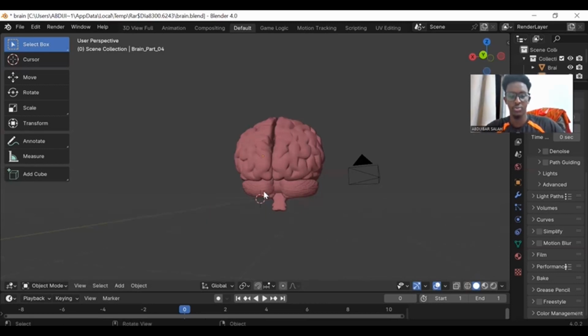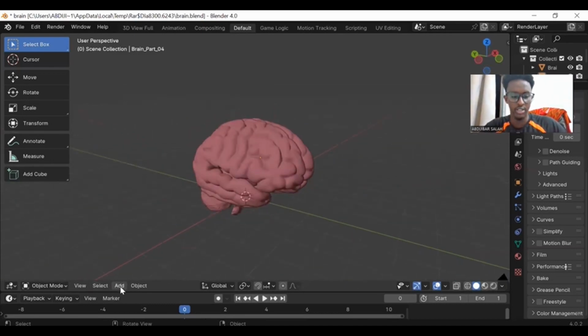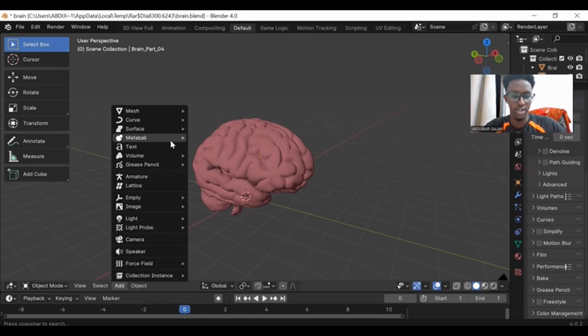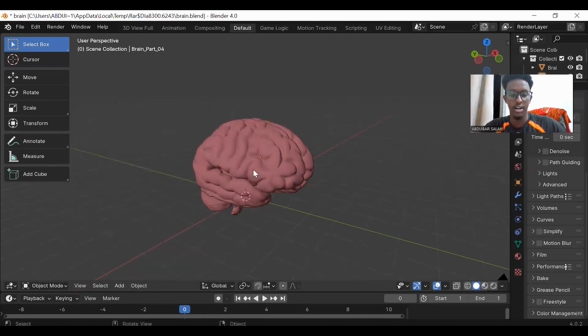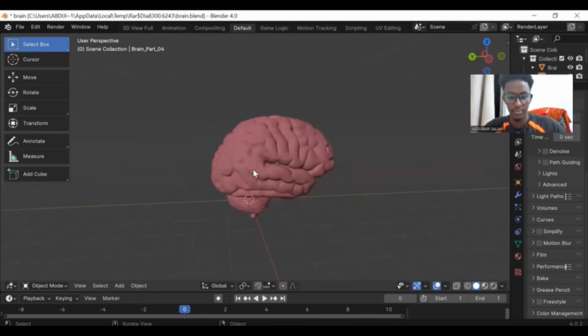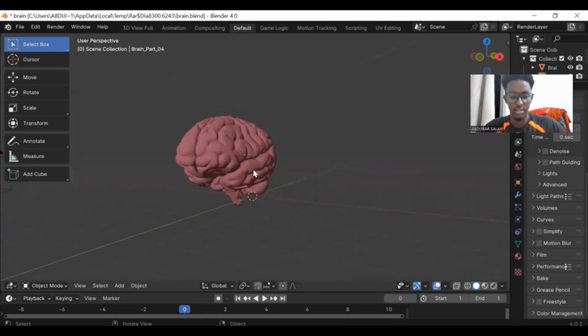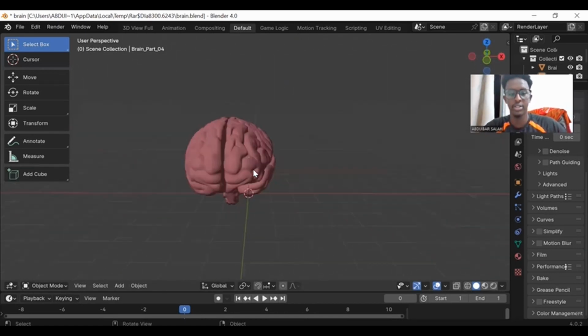Then the second is you can select here also, and then you can choose any circle here. You can see here my design of the brain. That's all my design of the brain.